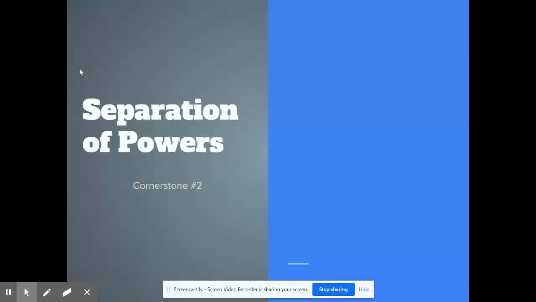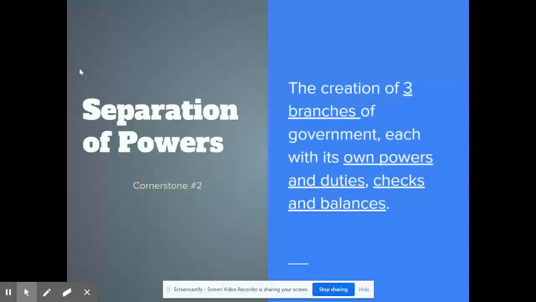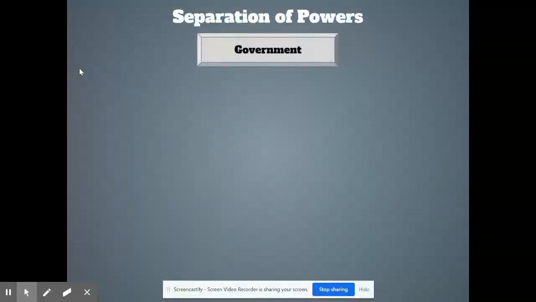So taking the remaining chunk, if you will, the remaining powers the federal government has, and slicing them into three pieces between the three different branches. The separation of power is the creation of three branches of government, each with its own powers, duties, and checks and balances. Here we're going to take a look at the powers and responsibilities of the three branches.